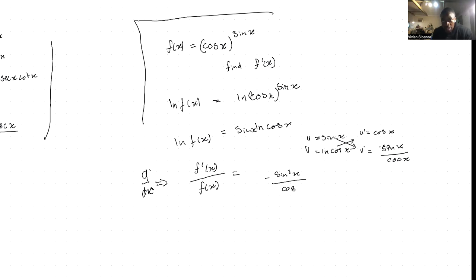And then this is that bottom part times the top part. So it's plus ln of cos of x. Remember, this one is in its own bracket times that other cos outside, cos of x. Are you done? Not yet.